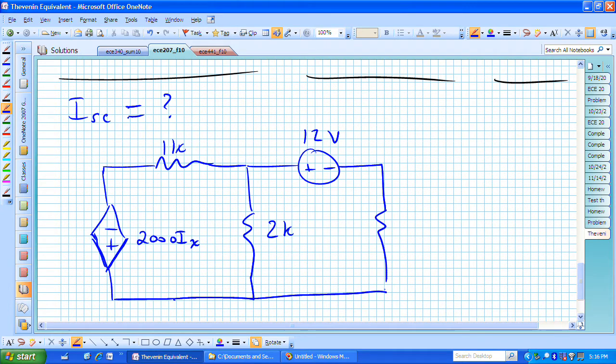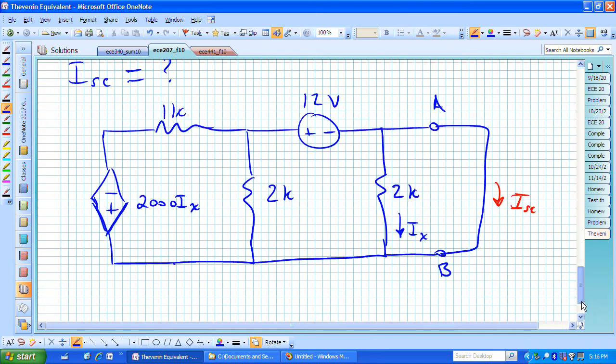Here is our 2K resistor. There's terminal A and terminal B, or node A and B. And now, to do this analysis, we need to short those, and we are now wanting to find I short circuit. And we also know that this is I sub X.